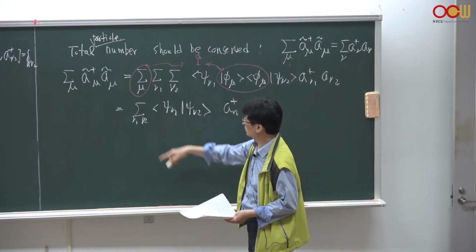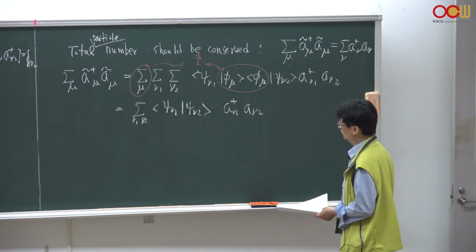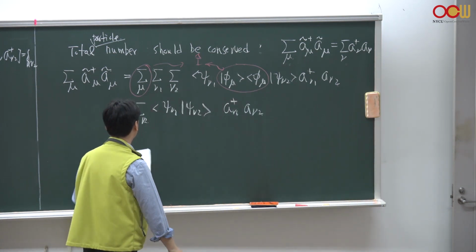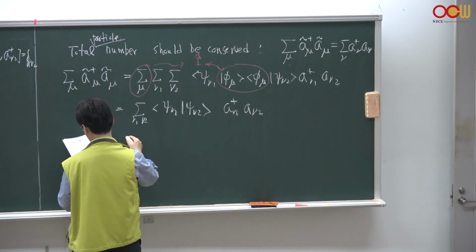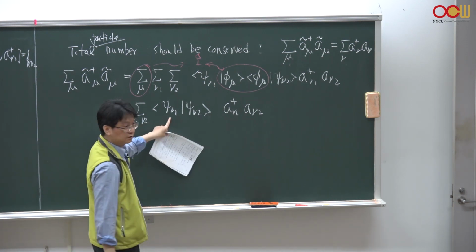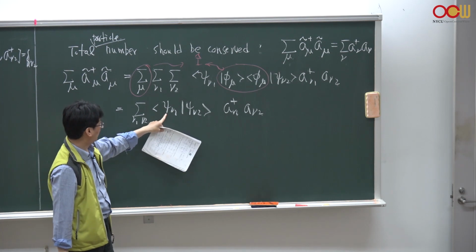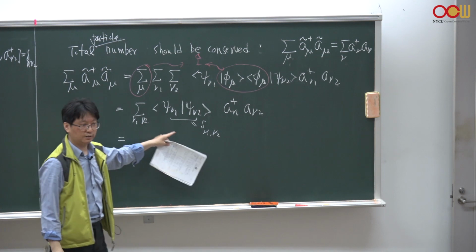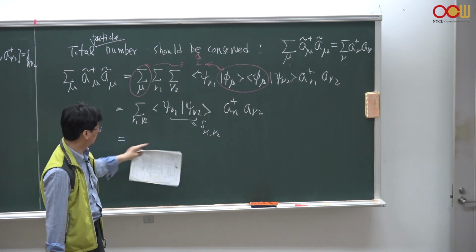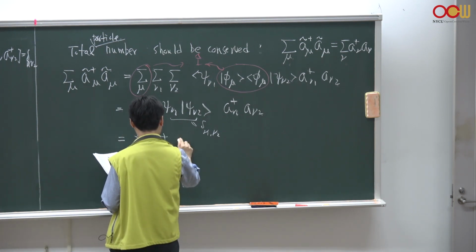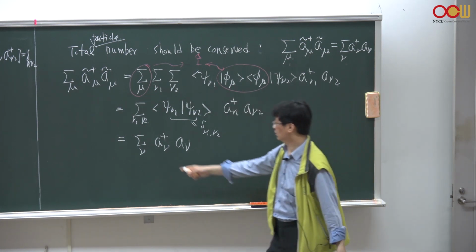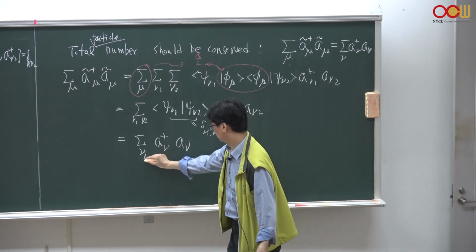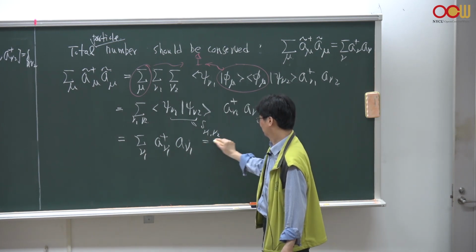The remaining summation is just over nu1 and nu2, with a matrix element and operator like this. Again, we have these orthonormal conditions for the overlap between psi nu1 and psi nu2. This is nothing but a delta function. So you plug in this delta function and sum over nu, and you get only one summation over nu. I can call this nu1, nu, or nu2, nu, whatever you like.